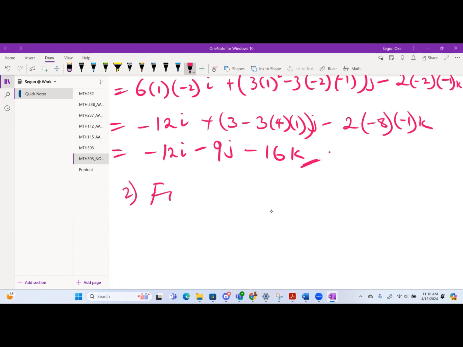It says find the directional derivative. Anytime you hear the word directional derivative, they are talking about a unit vector must be involved. Please take note of that.